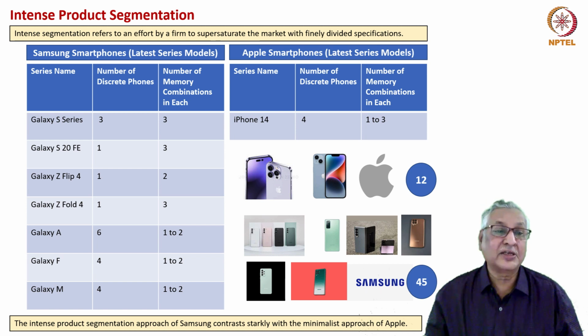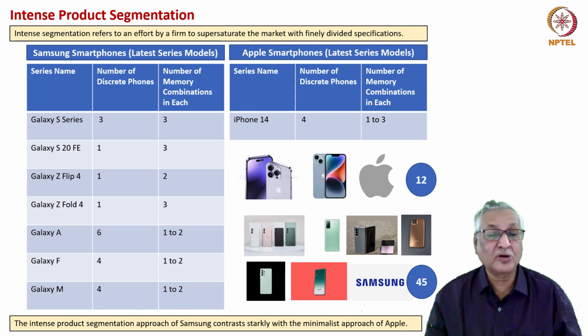When you look at the Galaxy S series at the topmost end, we have three discrete phones with memory combinations of three each. Similarly, the next iteration, the S20 FE, has one discrete phone and three memory combinations. It has also introduced a very convenient flip phone for handy use, with a larger screen when it is opened up.